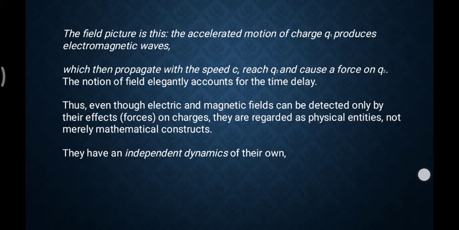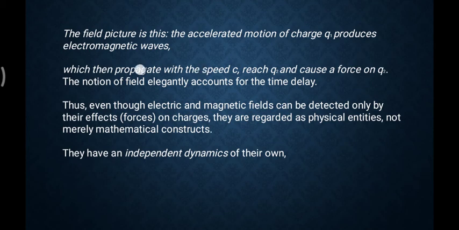The accelerated motion of a charge q produces an electromagnetic wave. This is a little bit out of your syllabus. Any charged particle moving in space can generate electricity, and that electricity always generates magnetism. So in between, I can say they are producing an electromagnetic wave.